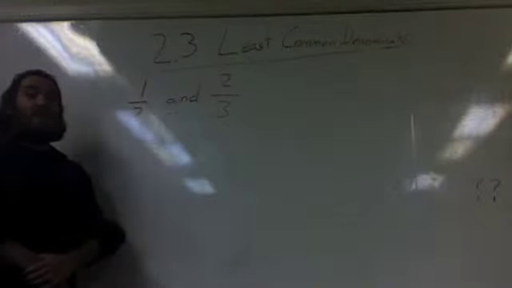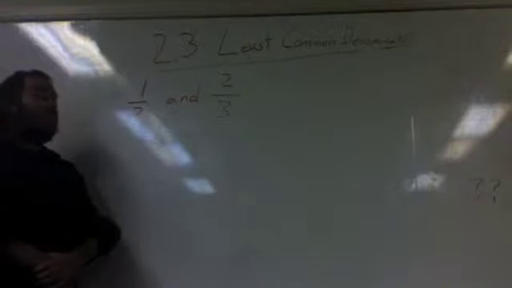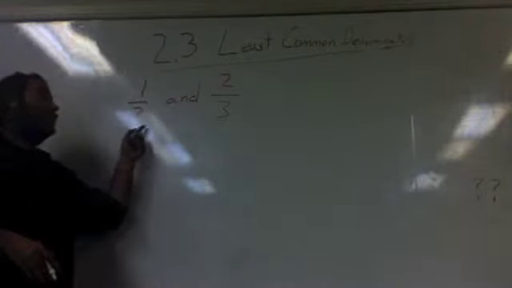Now let's take a look at a problem involving fractions. We're looking for the least common denominator of 1/2 and 2/3. So what we're really looking for is the least common multiple of 2 and 3.